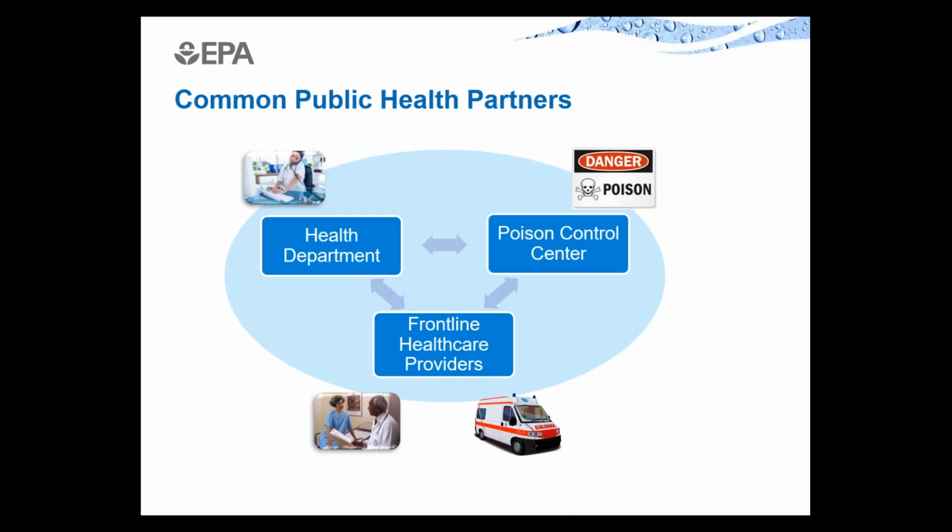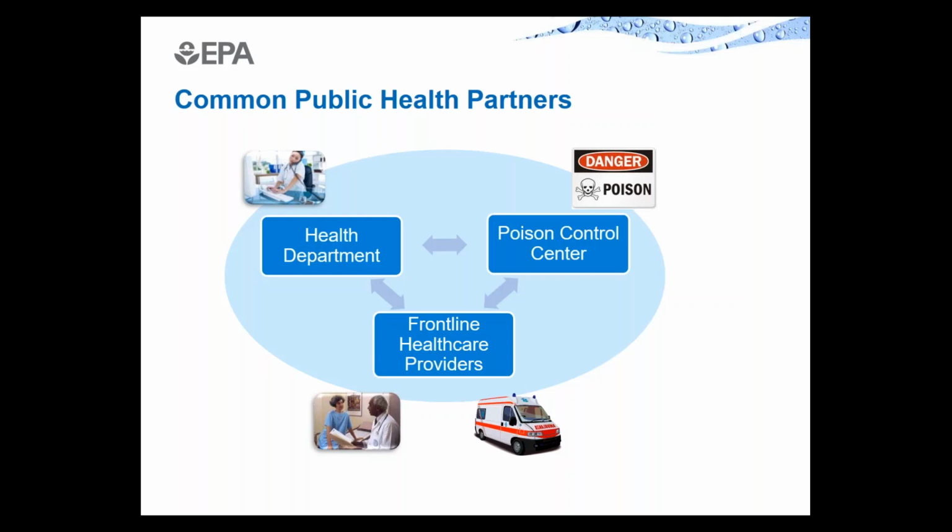So the point is that if you want to tap into public health surveillance to monitor for water contamination incidents, you need to form partnerships with the health department and the poison control center.